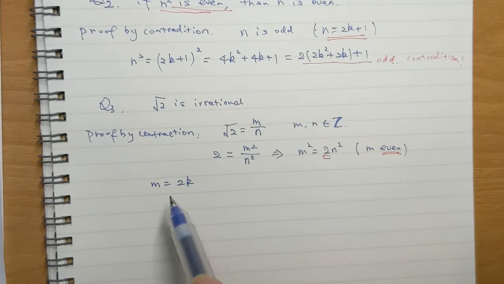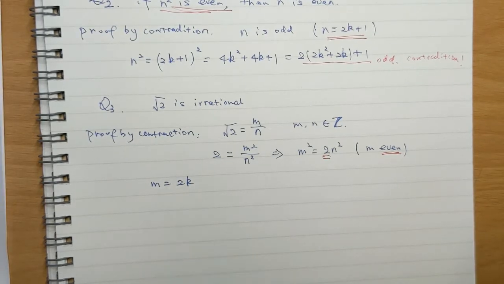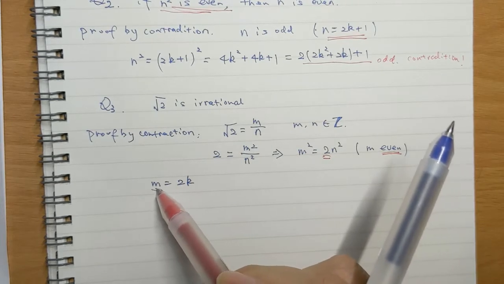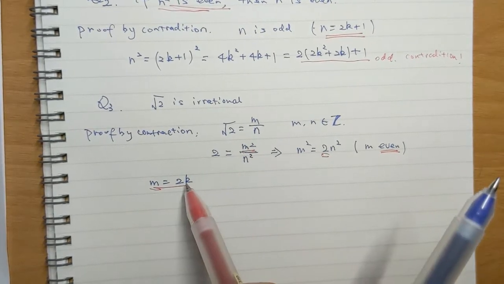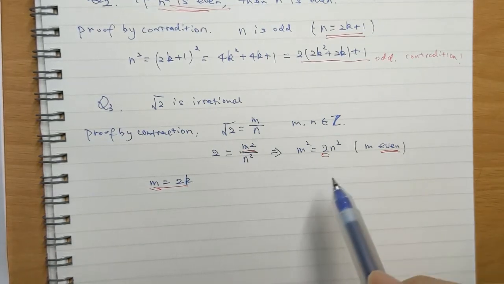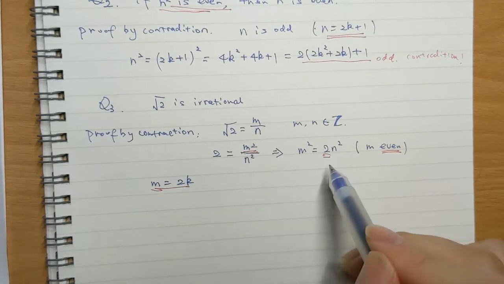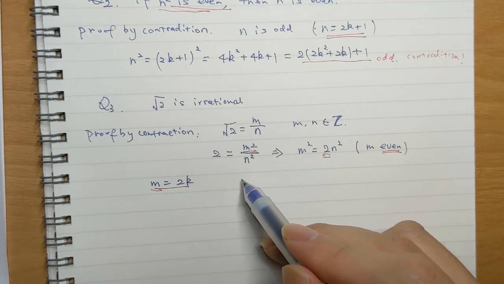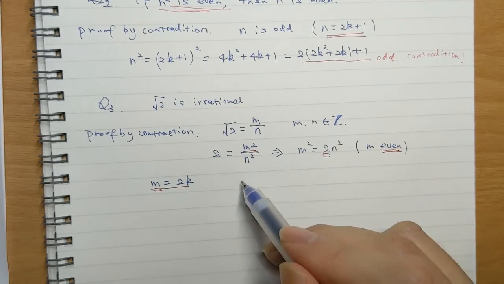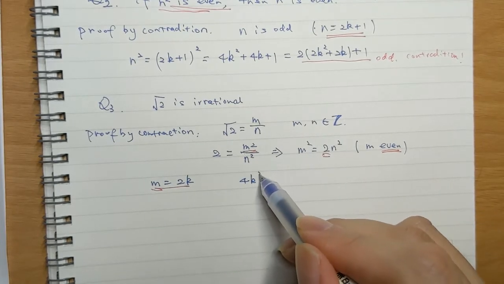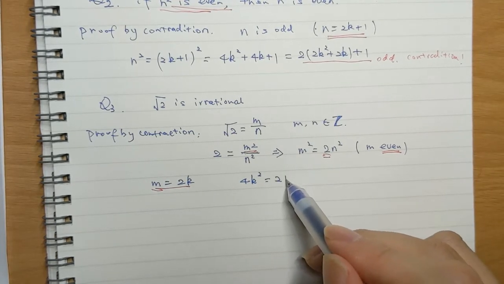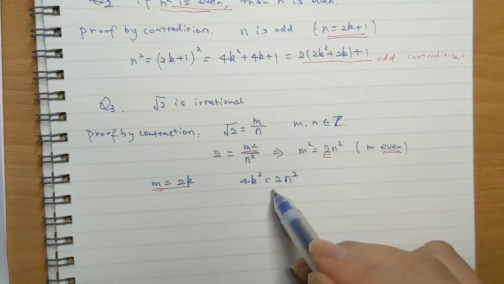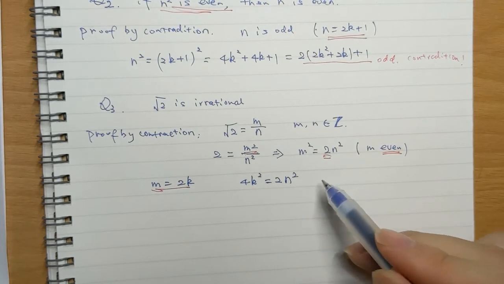And we put m here, replace m with 2 times k. And what we have is, we can use this expression as 4k squared equals n squared. And we simplify this.